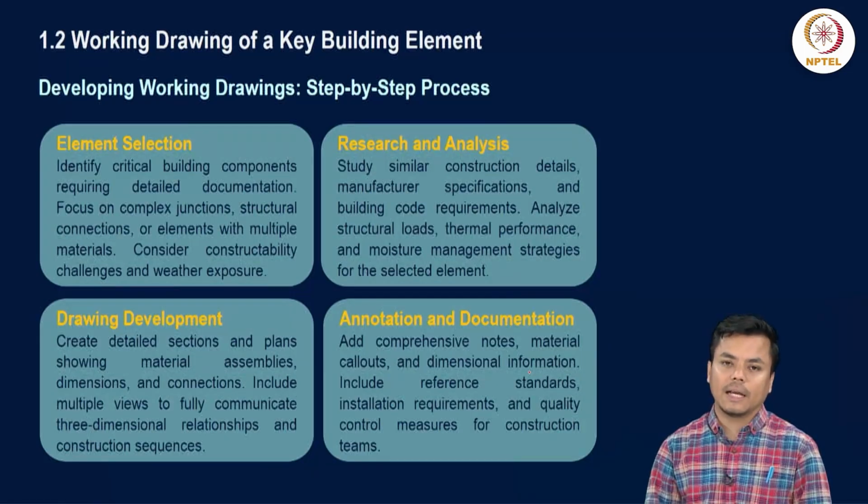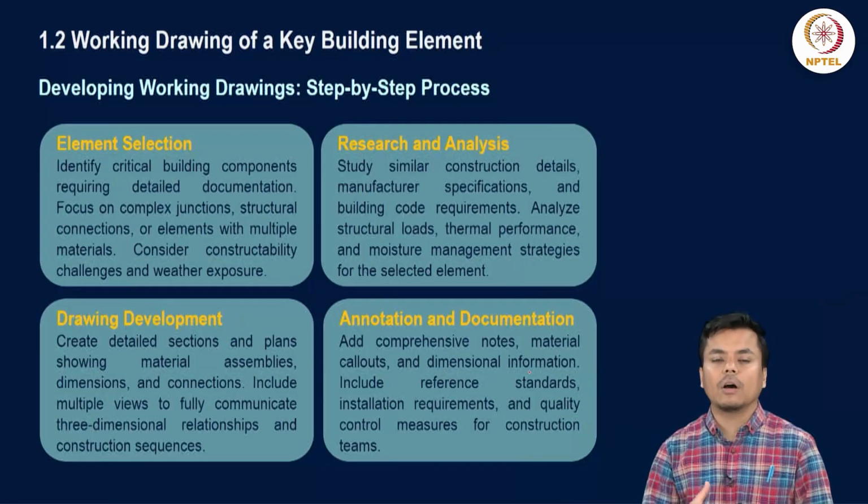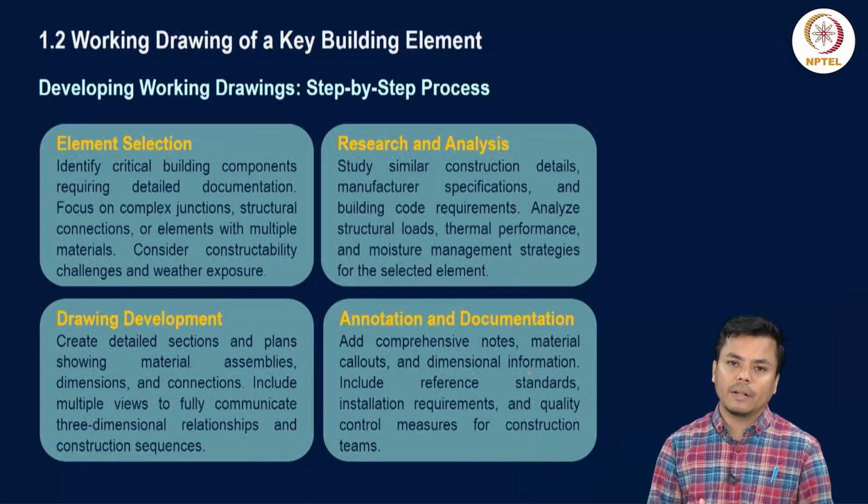So likewise, in your architectural thesis, you have to now think of what is that critical junction which is very important to be explained to the examiner or to any person who will be looking into your sheet. So select that particular element and then do the detailing. Do some research and analysis related to the element that you have selected.